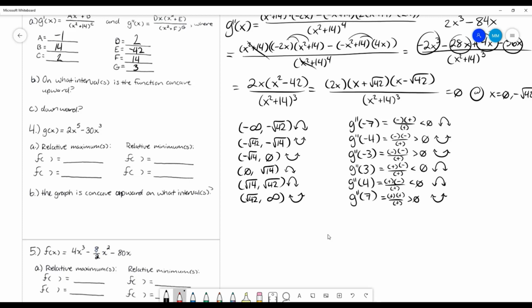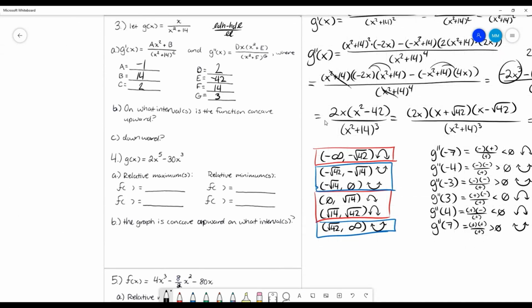Here I'm going to do downward in red and upward in blue. So I see that it is concave upward, like we said in blue, from negative square root of 42 up to here, because that's continuous.